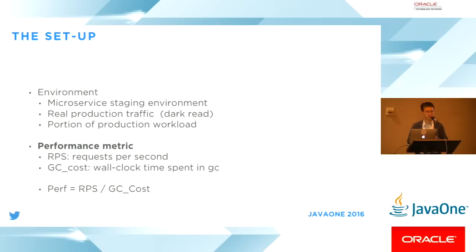And we set the performance metric as RPS over the GC cost, which is requests per second over the time spent on GC. This is the result of the discussion with the microservice owner. He spent extensive effort on choosing this metric, so he's more professional than us. We just use it. And the response latency is indirectly present in the GC cost.